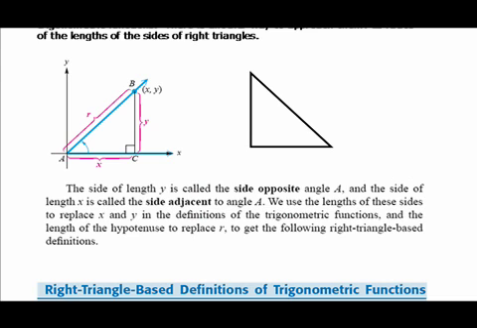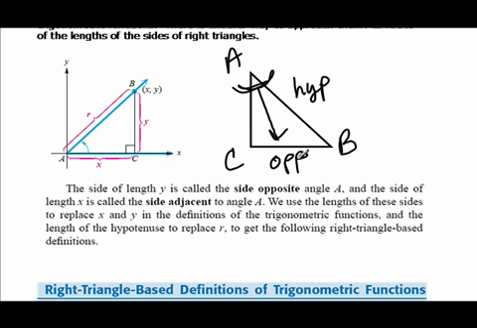So if I were to relabel this triangle ABC, and I say let's just pick on angle A. The hypotenuse stays the hypotenuse; it doesn't change. Now, if I say what's the opposite side, you think what's the opposite side in terms of angle A? So what side is across from angle A? This side would be considered the opposite side.